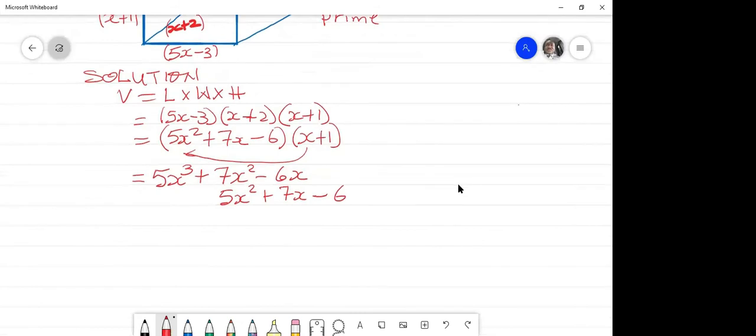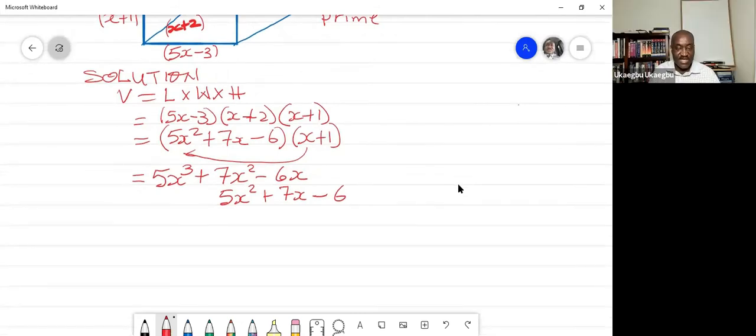The reason I arranged it this way is that it makes combining the terms easier. I could write it the other way, but I decided to write it this way. So you just draw a line, and this term is a 0 here, so you just write 5x cubed.